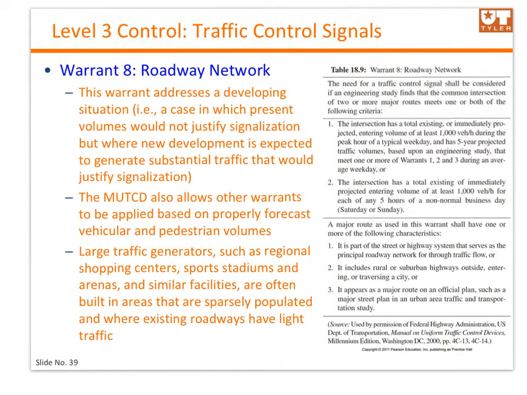At least, the major route has to be a part of the street or highway system that serves as the principal roadway network for through traffic flow, or this major route has to include rural or suburban highways outside entering or traversing a city, or this major route has to appear as a major route on an official plan, such as a major street plan in an urban area traffic and transportation study.